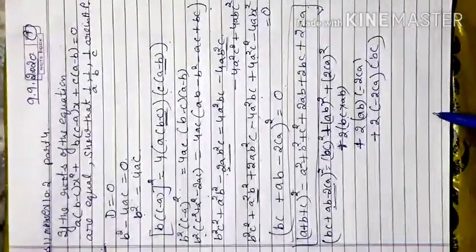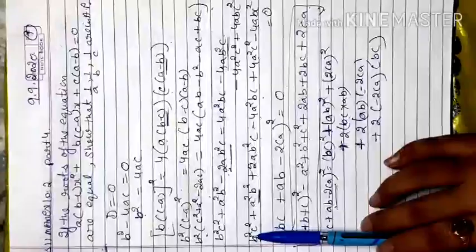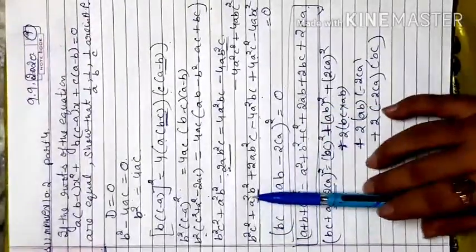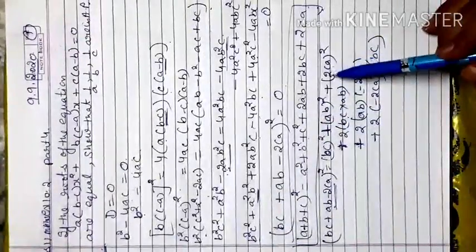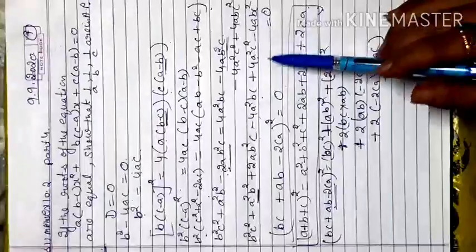Now if you check with that, b square c square is there, a square b square is there, and squaring this is 4 c square a square, so that is there.